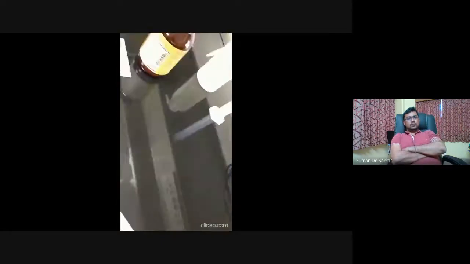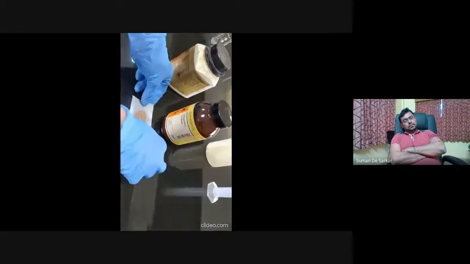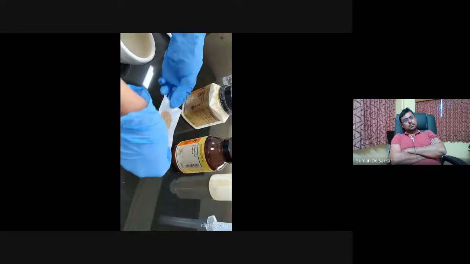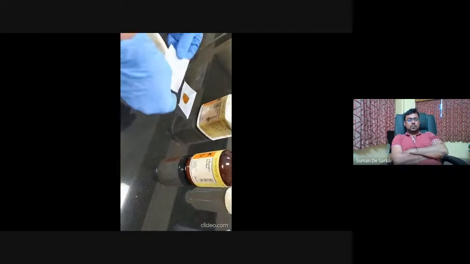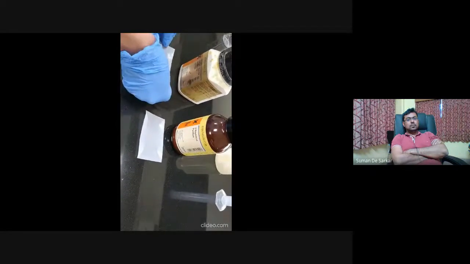Now we are taking 2.88 grams of beta-naphthol in the mortar and pestle, and with that we are adding 0.7 gram ferric chloride, anhydrous.